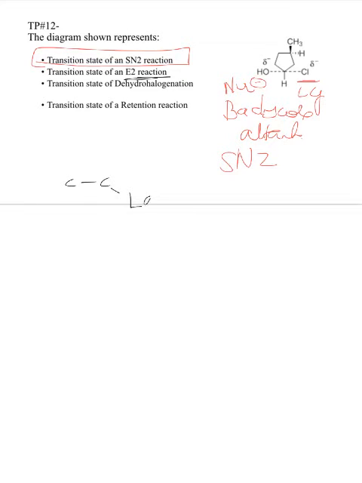So if you have your leaving group here, E2 would do something like this. You would see the base, and it would be taking the hydrogen away, and then these electrons go here, and the leaving group goes there. So your transition state would look where I've drawn those arrows. You would draw a transition state such as this.